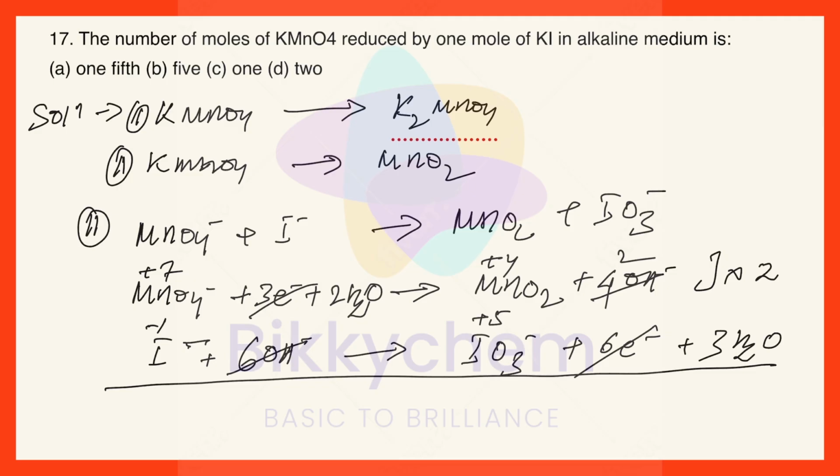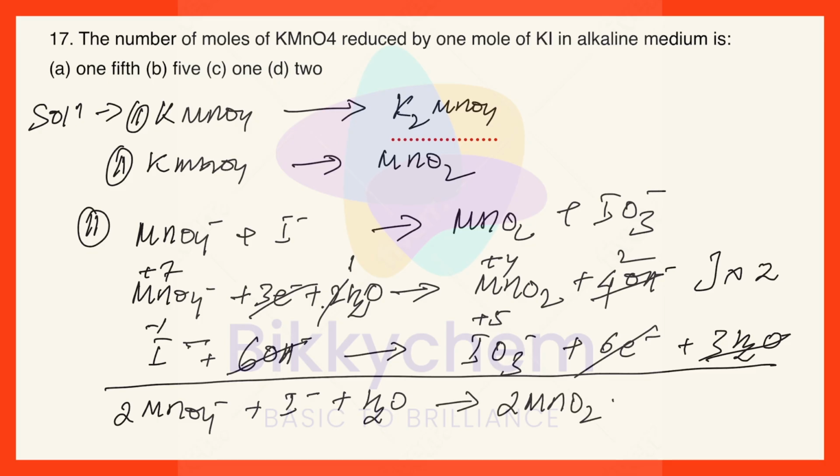Water will be 2 to the 4 and 3, so 1 will be there. So 2MnO4 minus, I minus plus H2O to give 2MnO2 plus IO3 minus plus 2OH minus.